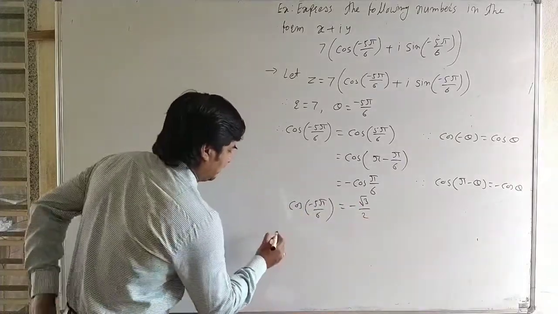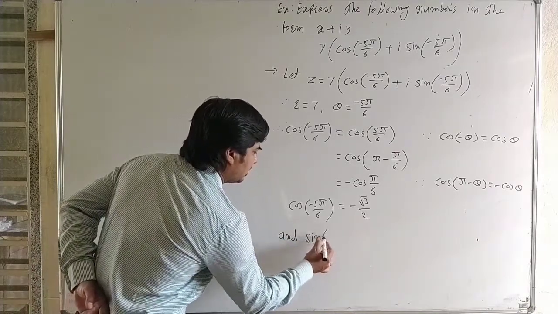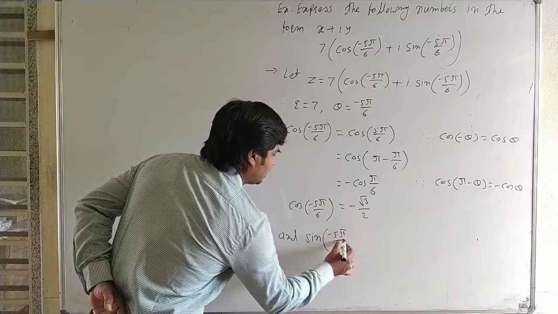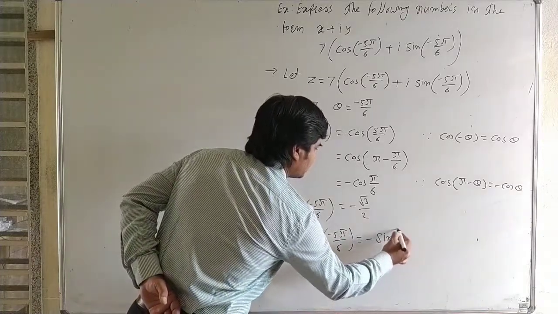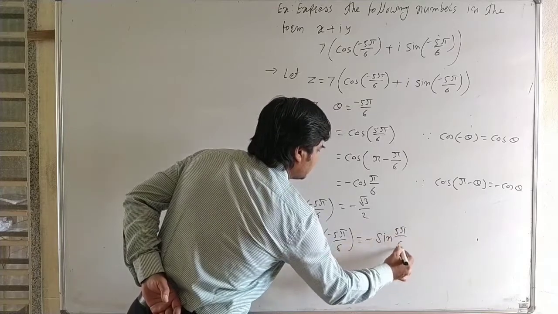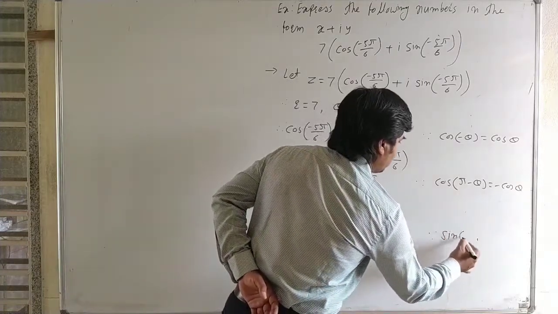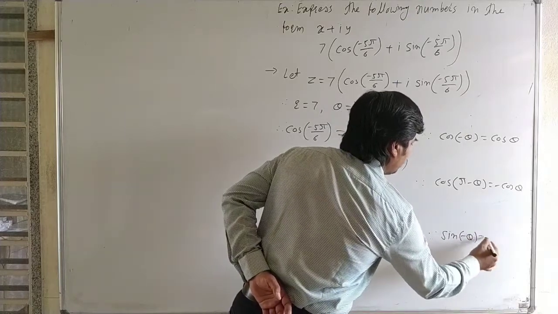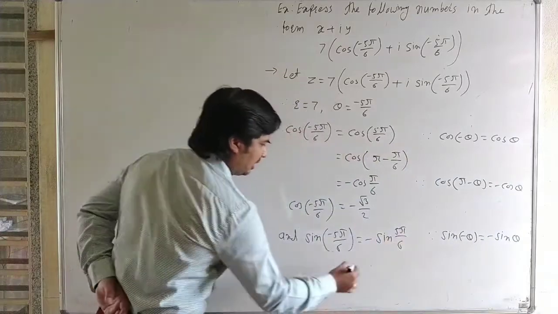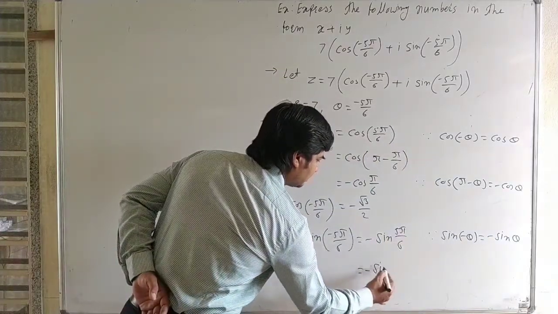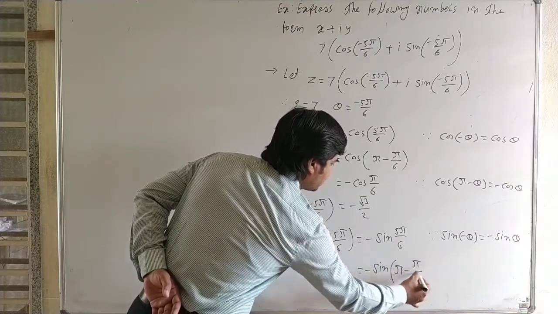Now find the sine. Same procedure. Sine minus 5 pi by 6 is equal to minus sine 5 pi by 6, because sine minus theta is equal to minus sine theta. Negative angle formula. Then it is minus sine 5 pi by 6, which is pi minus pi by 6.